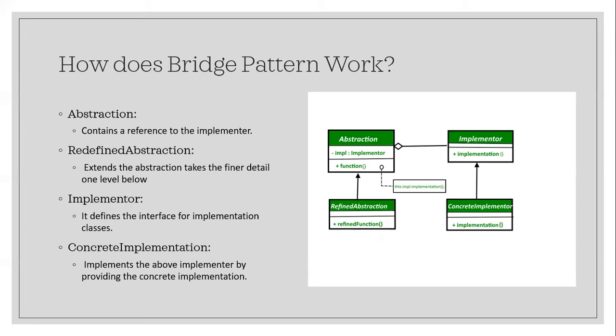So abstraction is the core of the bridge design pattern and defines the crux, and also it contains a reference to the implementer. Redefined abstraction extends the abstraction, takes the finer details one level below, and hides the finer elements from implementers.